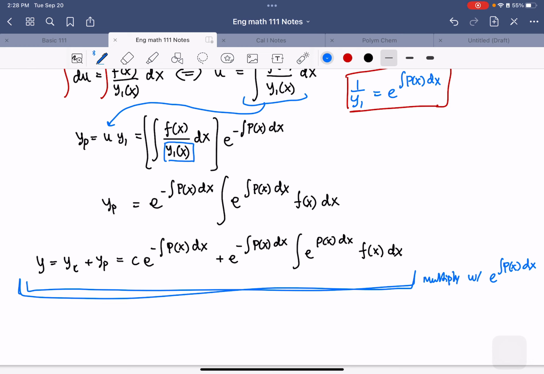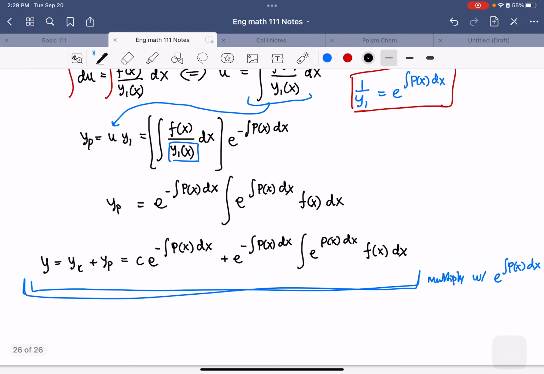So we will have the y multiplied with e, and then we can ignore this part, and then we can cancel this, right? So we will have e with power of integral px dx, y equal c plus integral e px dx f of x dx.